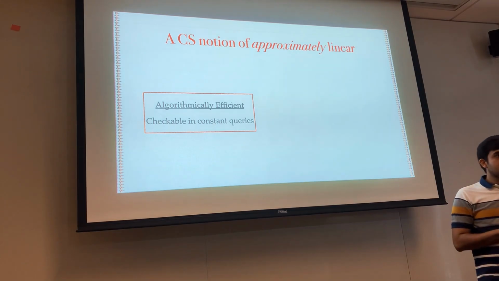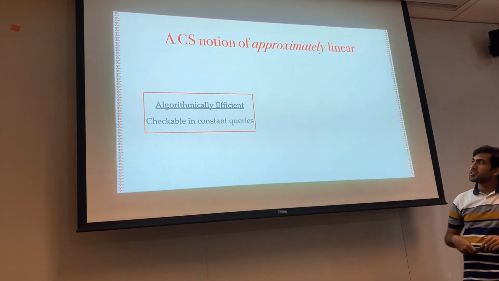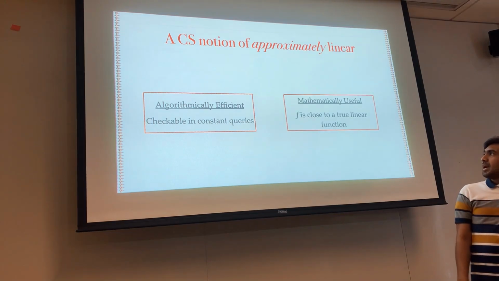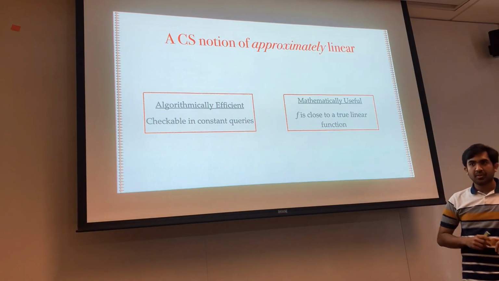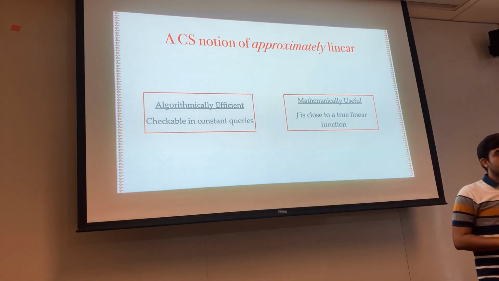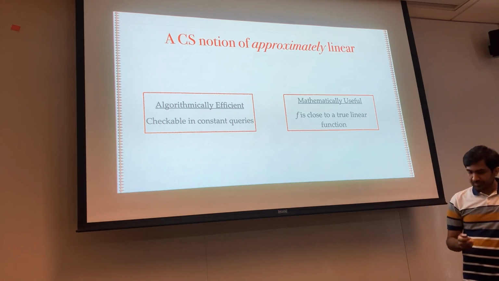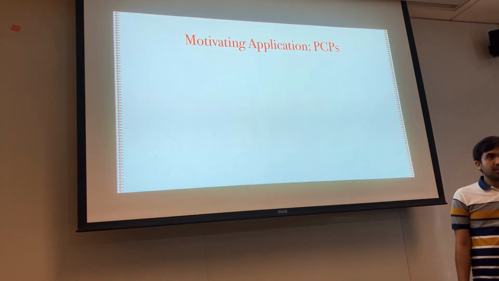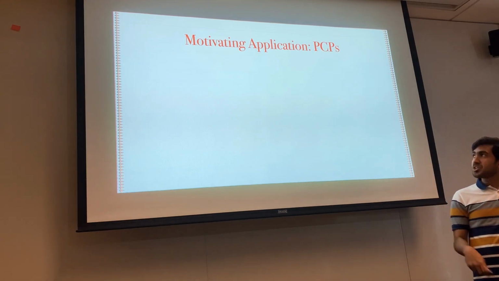We need two properties. One is algorithmic efficiency, like I said. We want a notion of approximation that is efficiently checkable. And it's useful in the sense that it's a notion of approximation that lets us prove worst-case bounds. We want both these properties. This kind of thing is motivated by PCPs, the reason why we consider such a definition.